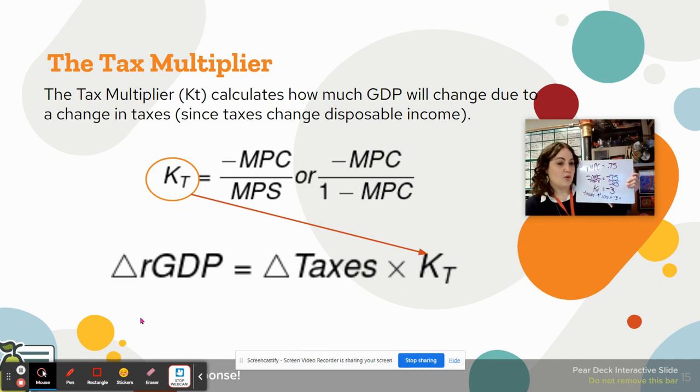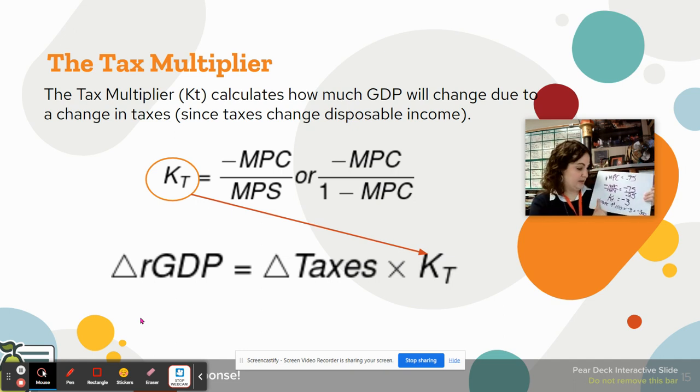So then GDP would actually go down because it's multiplied by a negative. So a $100 increase of taxes is going to have a negative impact on GDP because our tax multiplier is negative. So GDP is actually going to go down by $300 because it is multiplied by that negative tax multiplier. The tax multiplier is always negative because that's just the formula, negative MPC over MPS.